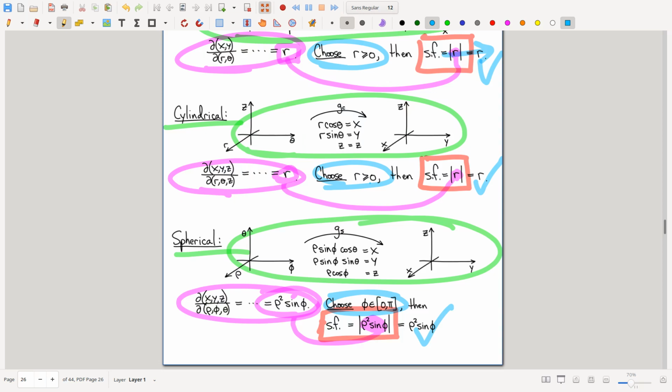That makes sense to everybody? So likewise, it's very hard to imagine the scenario where you'd have any reason to want to choose phi outside of these values. All right, so let's see an example.